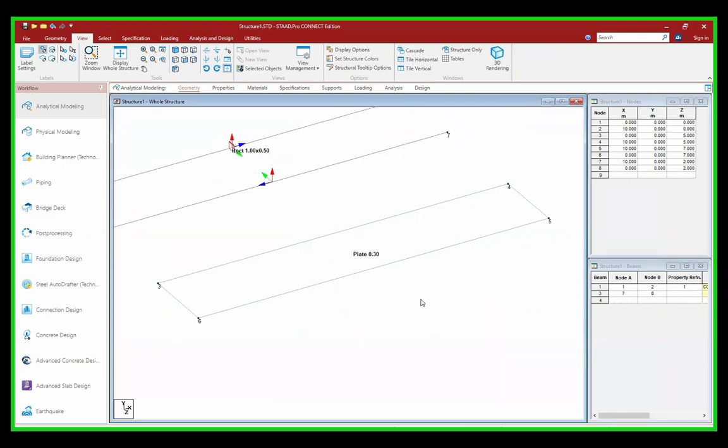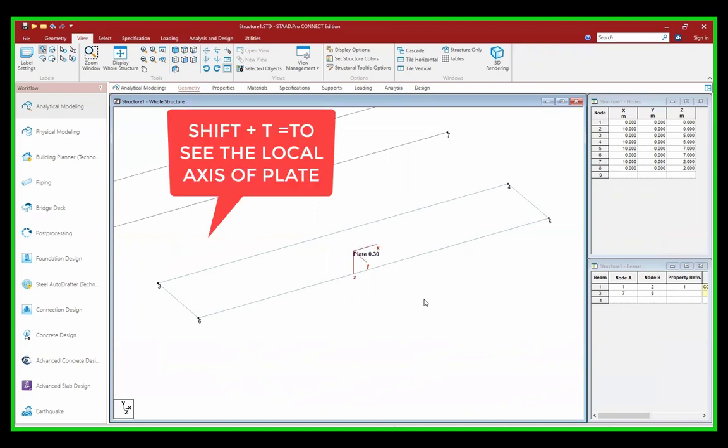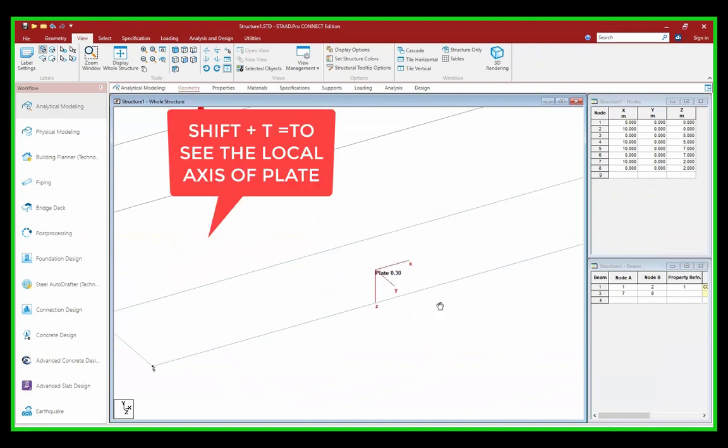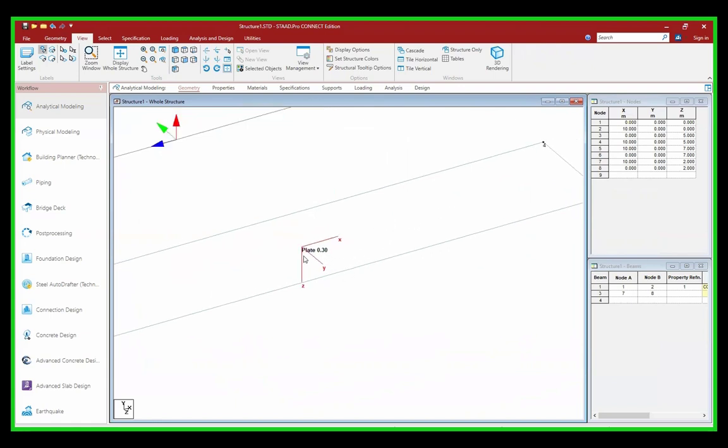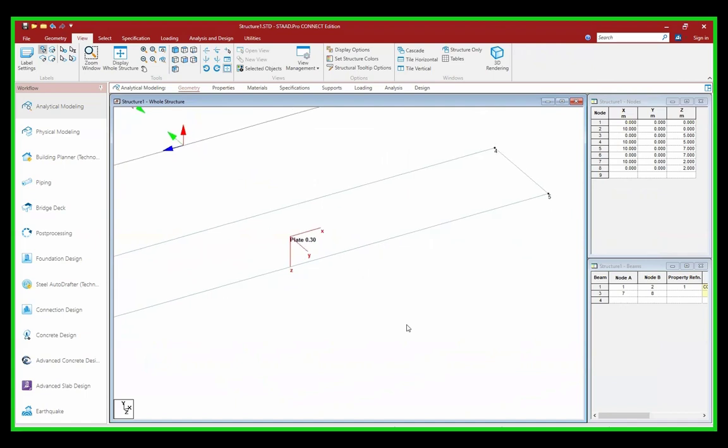So whenever I say plate element, we have to understand the local axis of plate element. For that, if you click on shift T, then you can see this symbol would come up, which is nothing but the symbol of the plate element. Since plate being a 2D element, you can have local x-axis, you can have local z-axis, and you can have local y-axis, right?